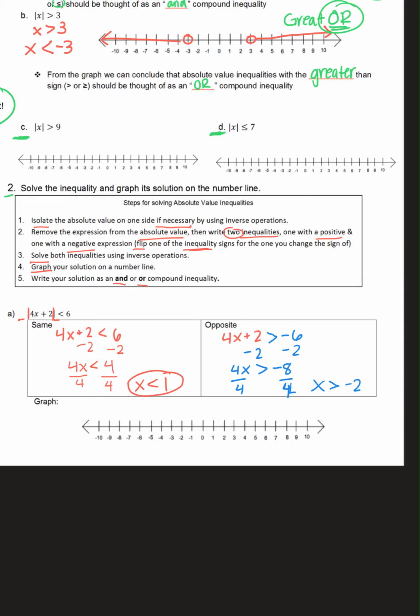All right, I also see that this is a less than, so this is going to be an "and" statement. All right, so negative 2 is right here. Open circle, what am I doing? So open circle at negative 2. And I know that this is all the numbers, x is all the numbers bigger than negative 2.